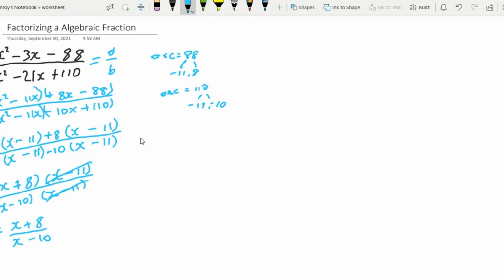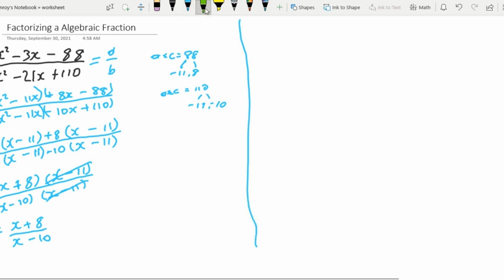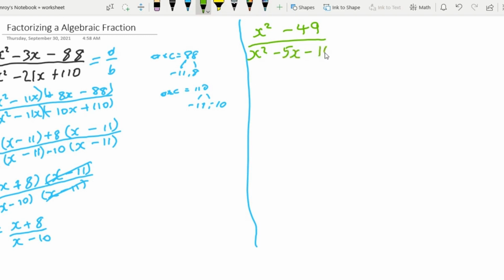Now let's look at another example. We have x squared minus 49 over x squared minus 5x minus 14.